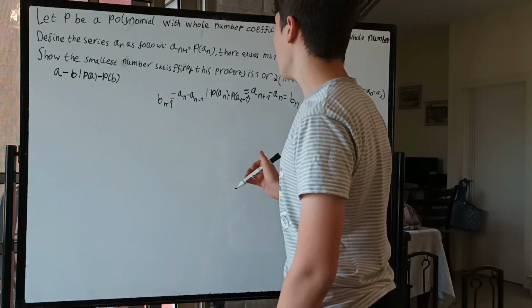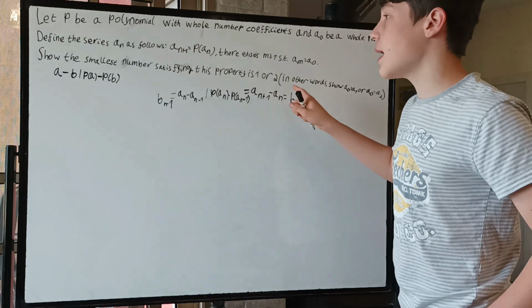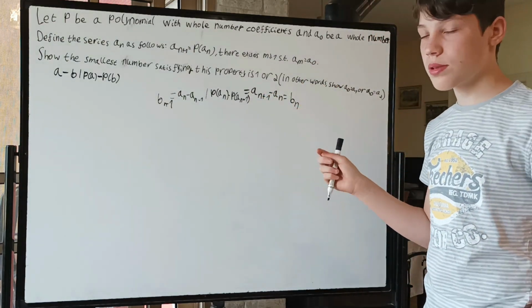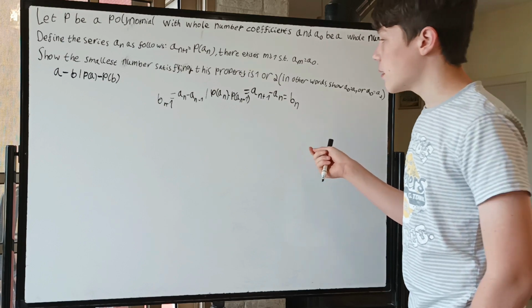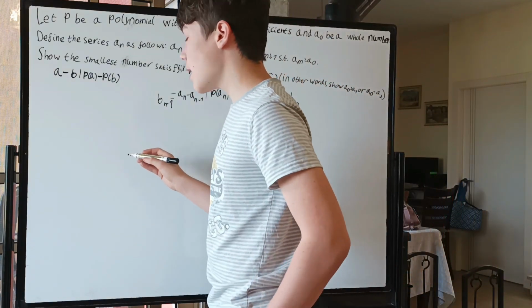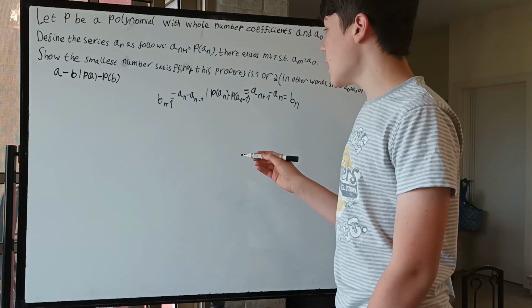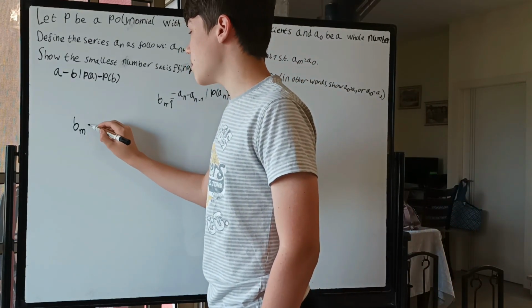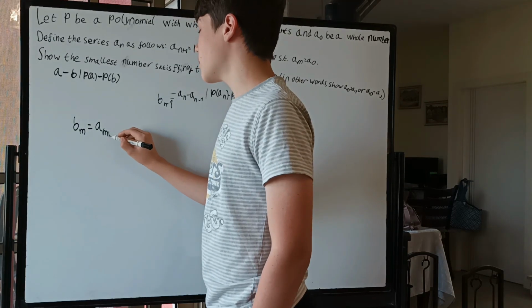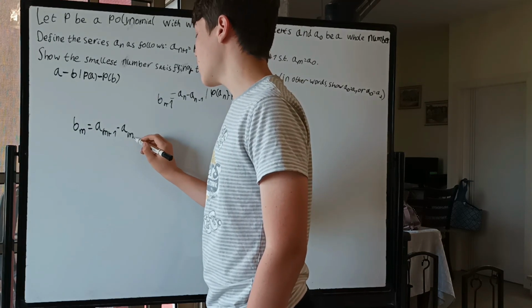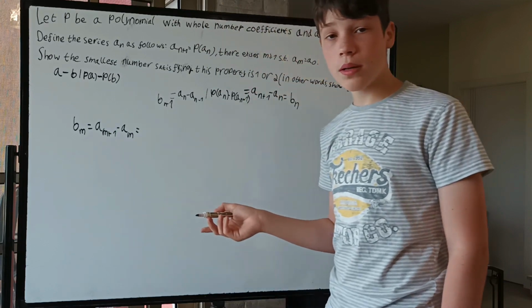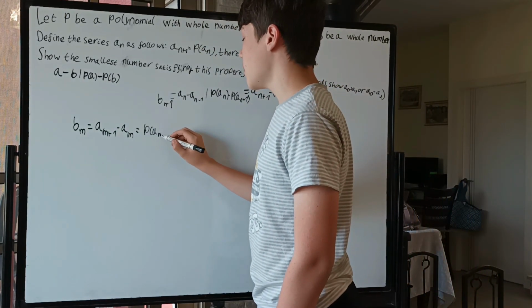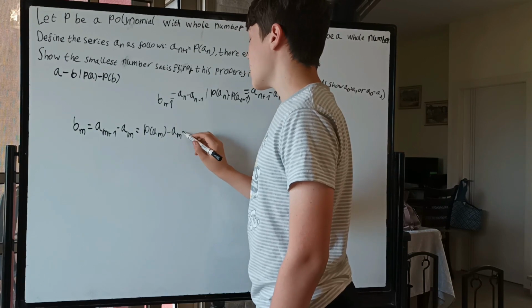But now we know that at some point the series an repeats itself, because a0 will turn into am. So from that point, let's try to look at bm. It seems like an interesting number. bm is am plus 1 minus am, but am plus 1 is exactly, by definition, p of am, and this is minus am.